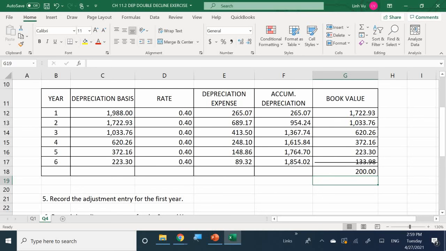It needs to have an ending book value at the end of its useful life, which in this case, I only have 8 months left, needs to have a remaining of $200. So let's work backwards. Now, if I know that I need to end at 200, how do I solve for my accumulated depreciation?